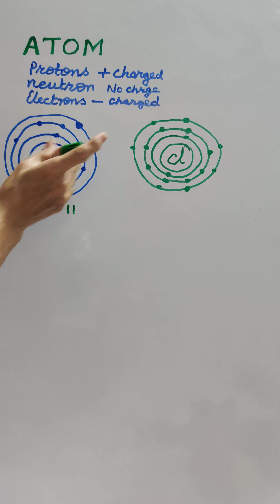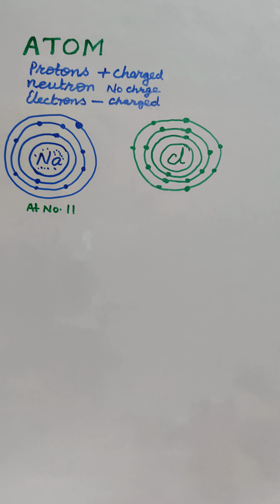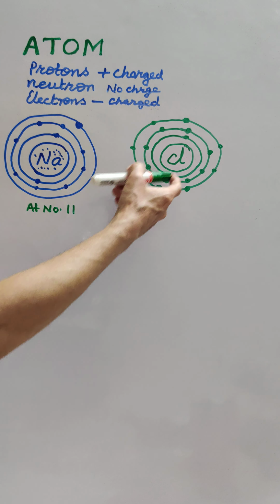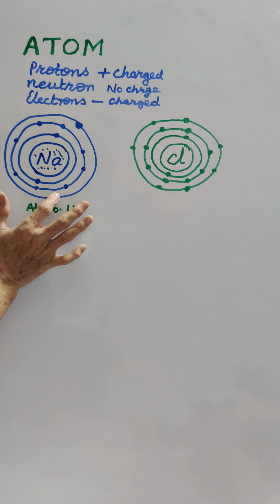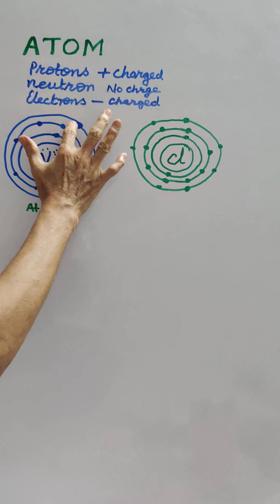As sodium has 1 electron in its outermost orbit, it is not stable. Chlorine has 7 electrons in its outermost orbit. It is also not stable. The atoms become stable when they gain the electronic configuration of the nearest inert gas. So sodium will gain the electronic configuration by removing one electron.